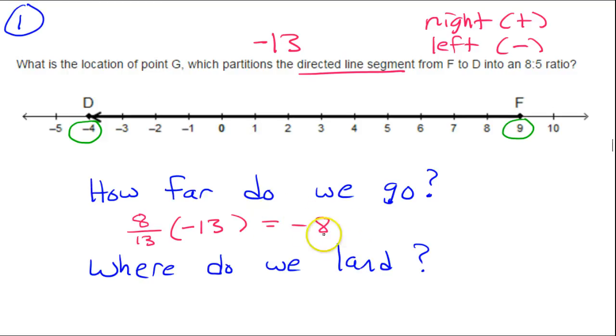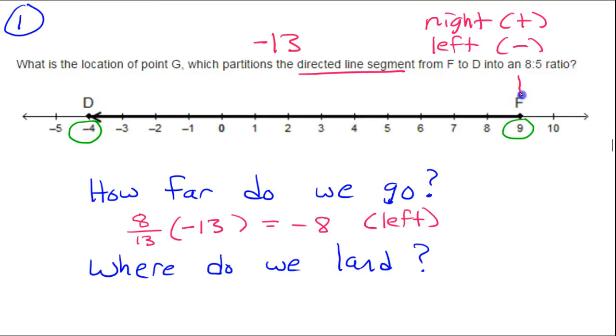Now again, this negative 8 is telling me not only how far we go, but it's also giving me the direction. This means that we're going to go to the left 8, which makes sense because we're starting from 9 and we're going to the left. Okay, so we're going to move negative 8, and that's to the left.